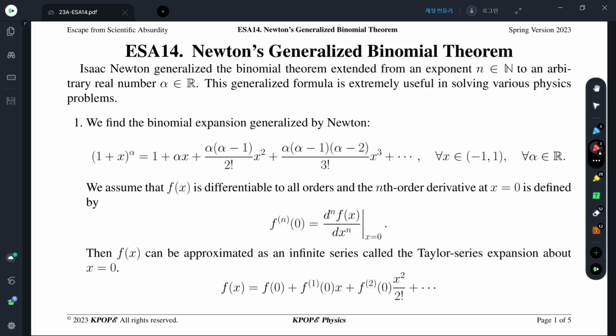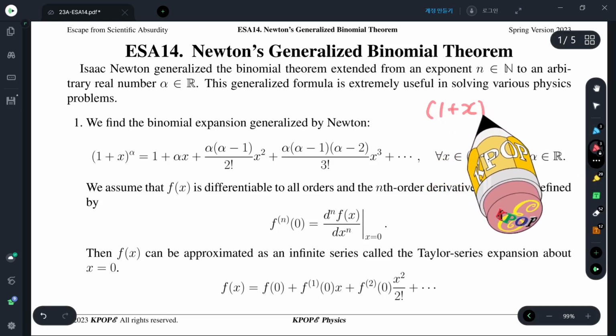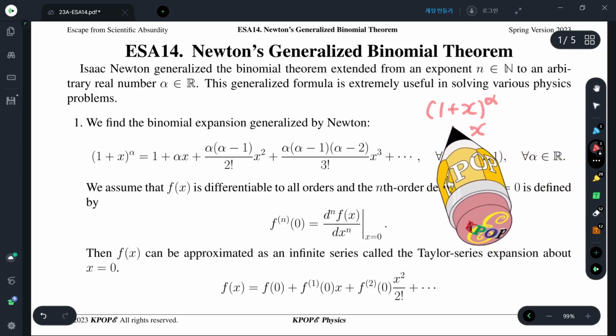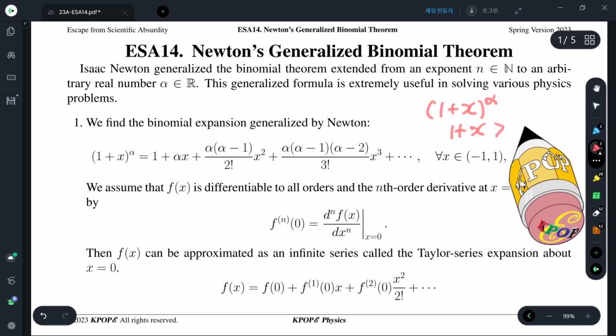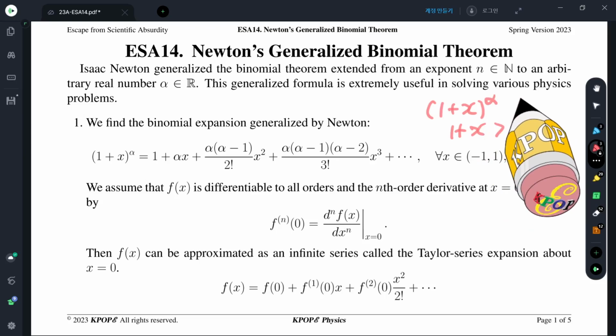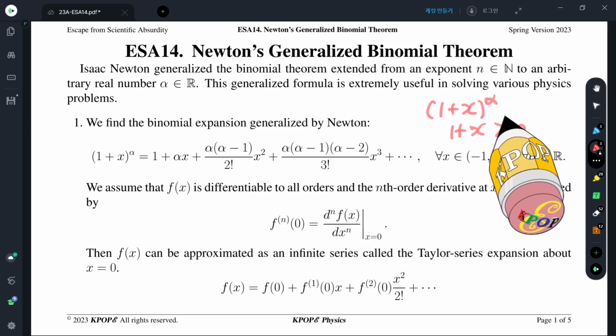In the previous class, we studied the binomial theorem for the case where the power is a non-negative integer. In addition, we have proved the derivative of 1 plus x to the alpha, for x greater than minus 1, where alpha is any arbitrary real number.